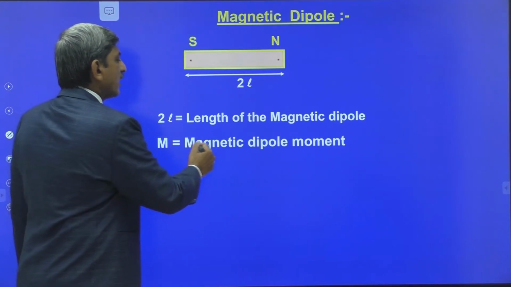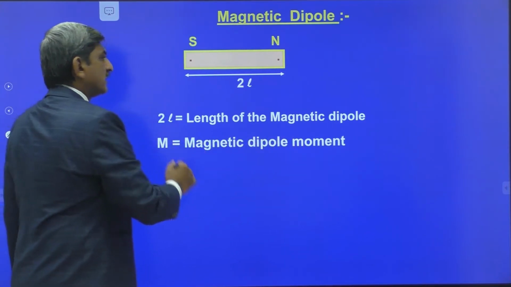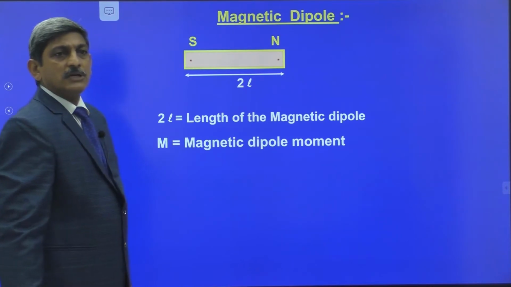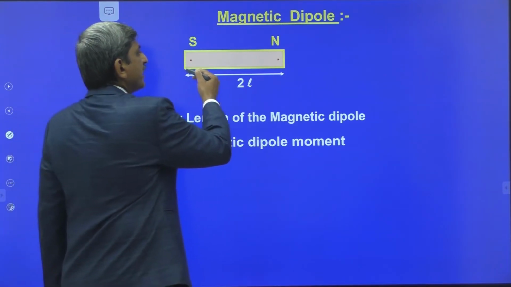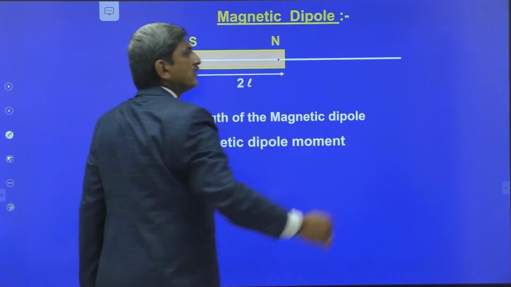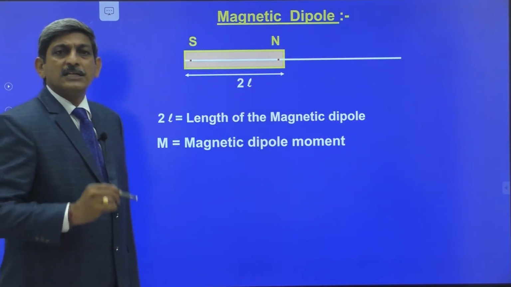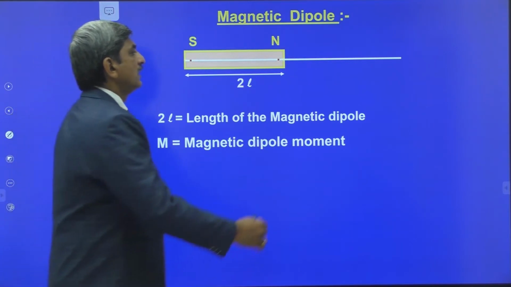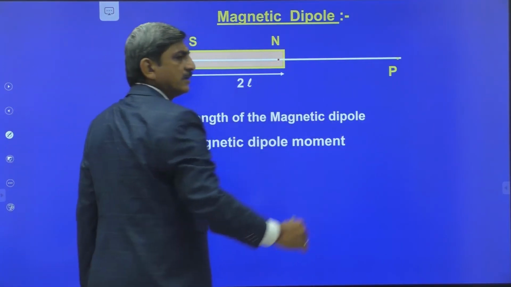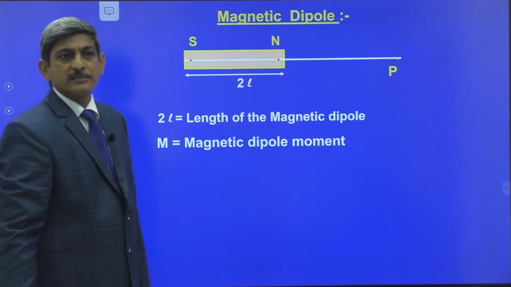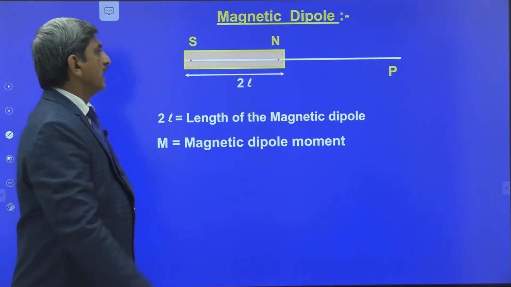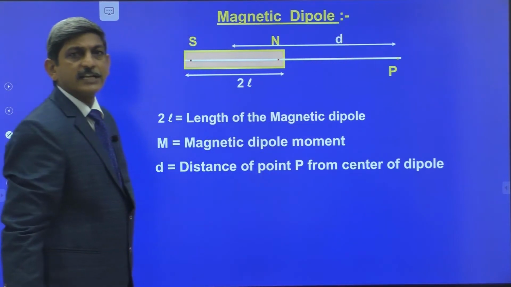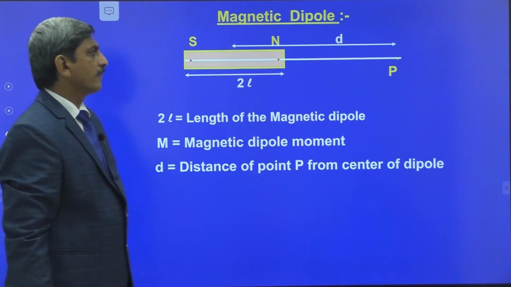The magnetic dipole moment of the magnet is capital M. Let us draw a line joining the south pole and north pole, which is called the axial line of the magnet. Let us consider a point P on the axial line, at a distance d from the center of the magnetic dipole.